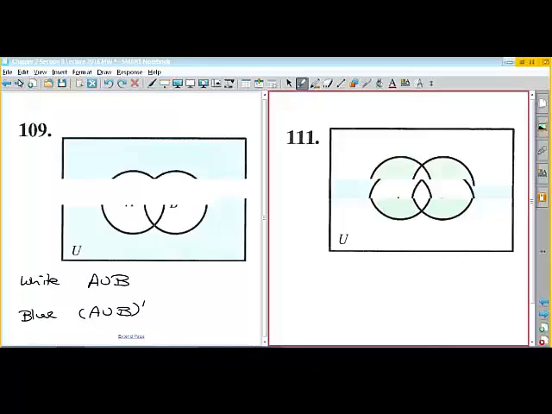So let's go look at the next one. If we made everything green, just like we did over there, if this were also green, what would that represent?